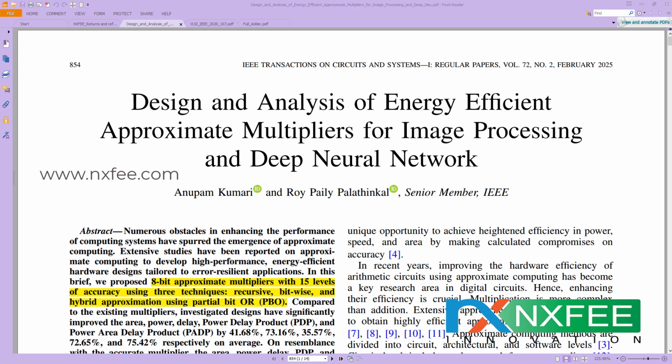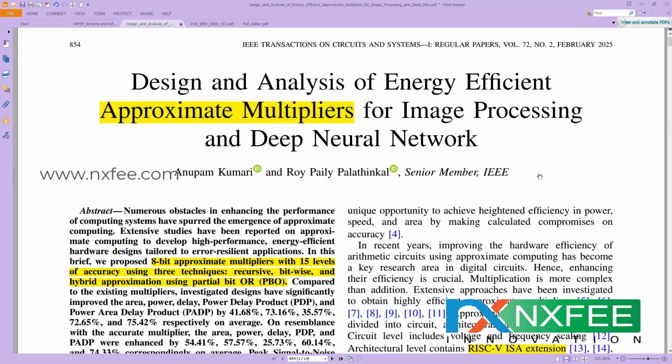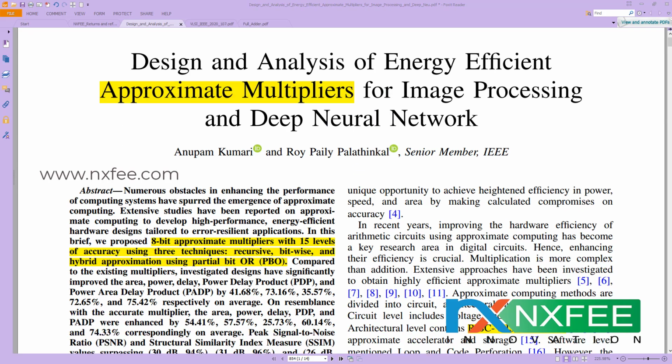So this paper is fully designed for the approximate multiplier model for image processing and deep neural network. Here they have designed 3 different multipliers. We already discussed this in the abstract. So these 3 different multipliers are each separately efficient. First of all, we need to compare these multipliers with the traditional method.